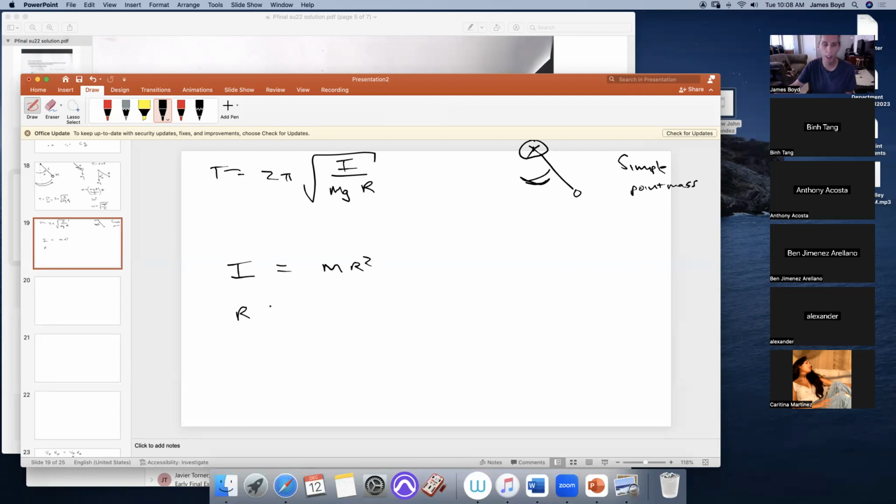The radius of gyration is the distance from axis to COM. So we go from here to here. Well, that distance is L, and R is the distance from the axis to where the center of mass is. So R is L in both cases here. If I plug these in, for a simple pendulum or a point mass, I get mL squared. R is L, right? That's how far away it is.